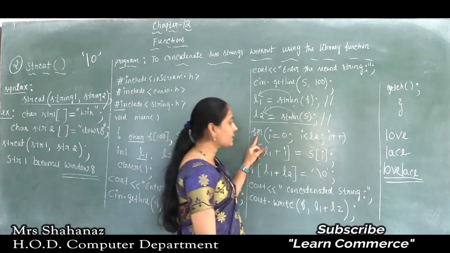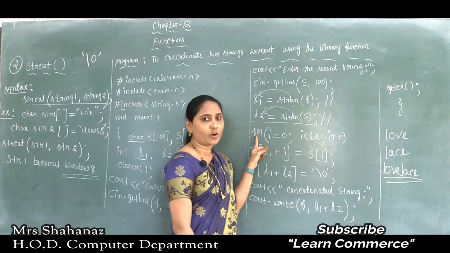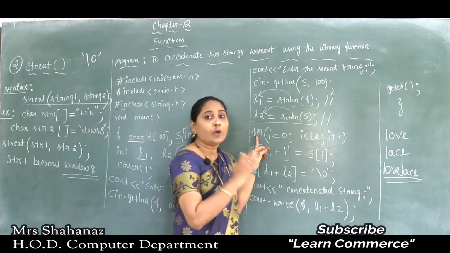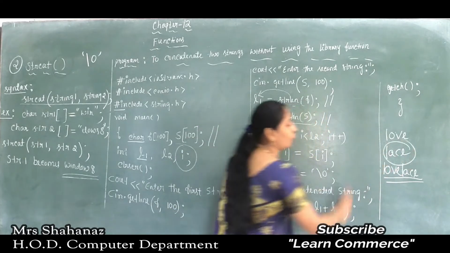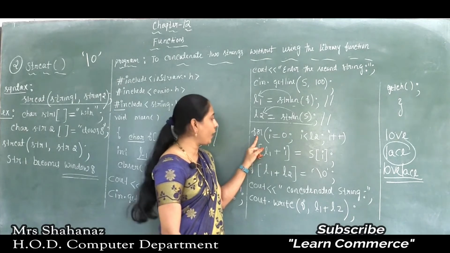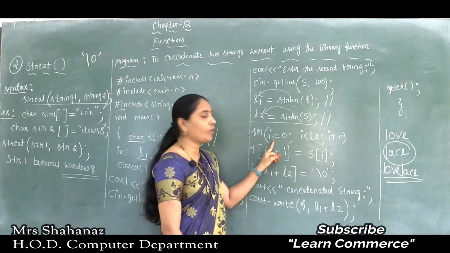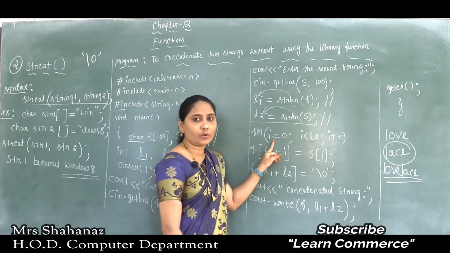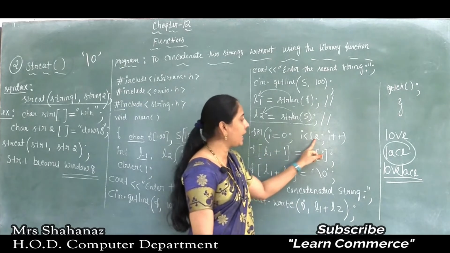So just by using the for statement I am going to access the values of string 2, okay, the value of string 2, that is "lace". So how am I going to use it? for, opening bracket, I is equal to 0 semicolon I less than L2.